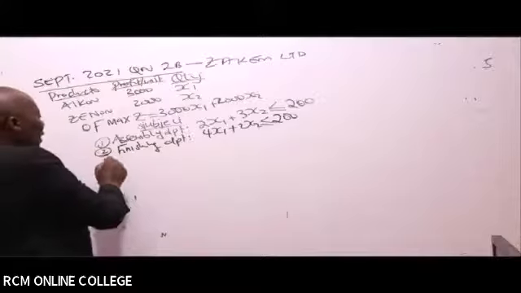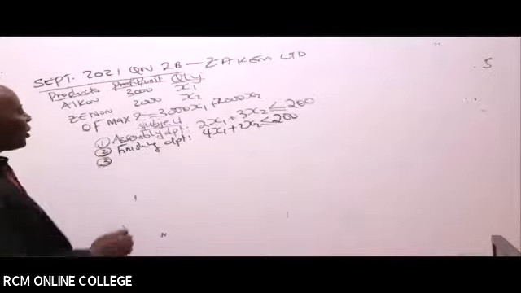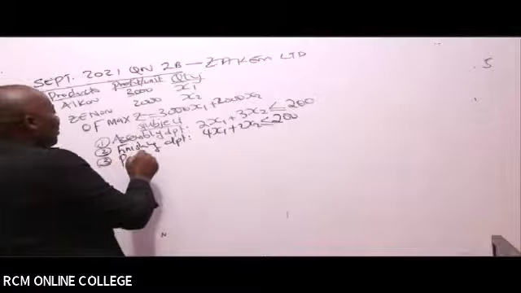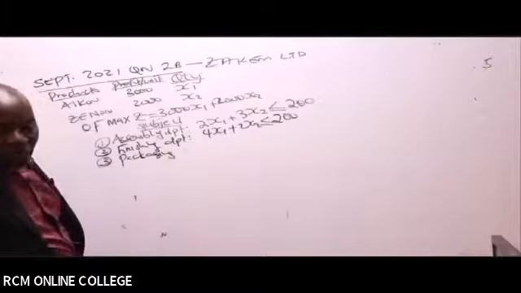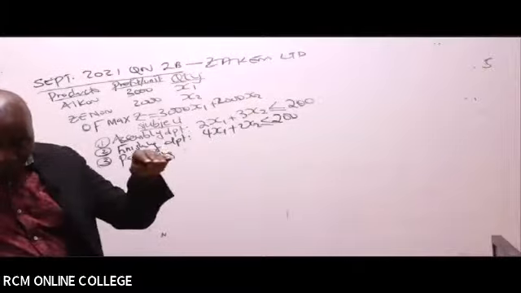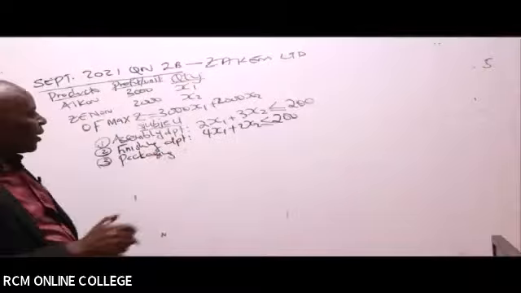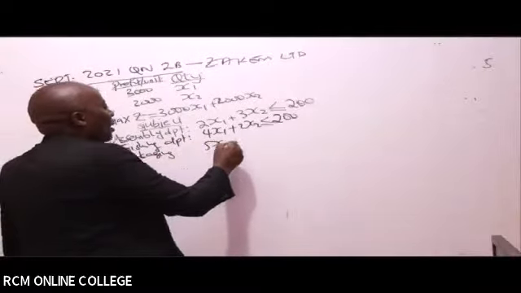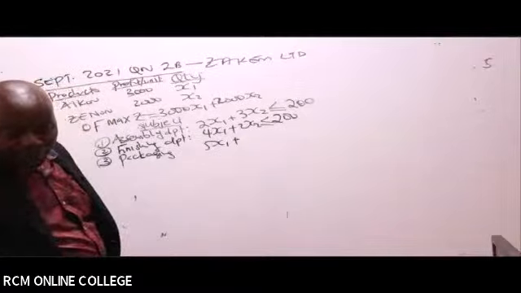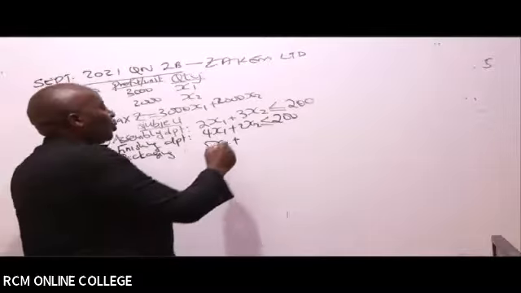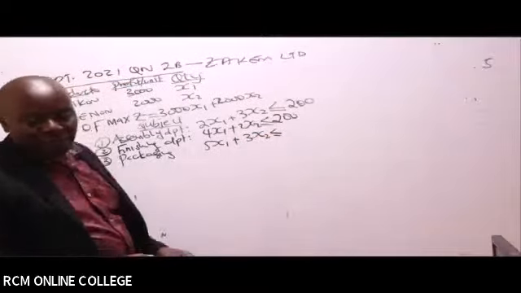So go to the second last, which is known as packaging. So packaging, what are we seeing there? I can see the line of packaging spread to the 2 products. So we have here 5X1 plus 3X2 less or equal to, let me read again.